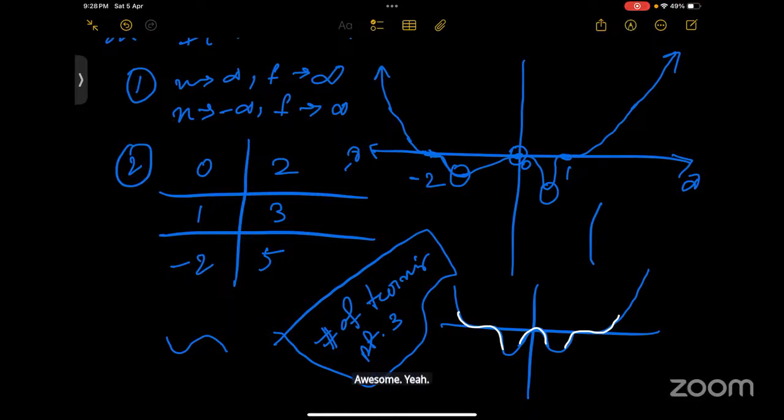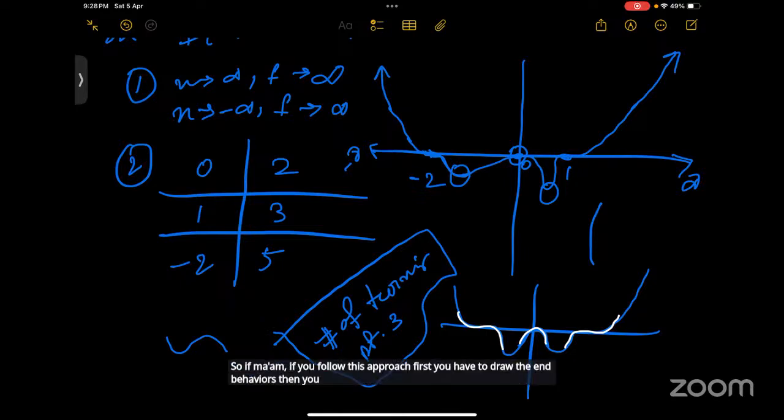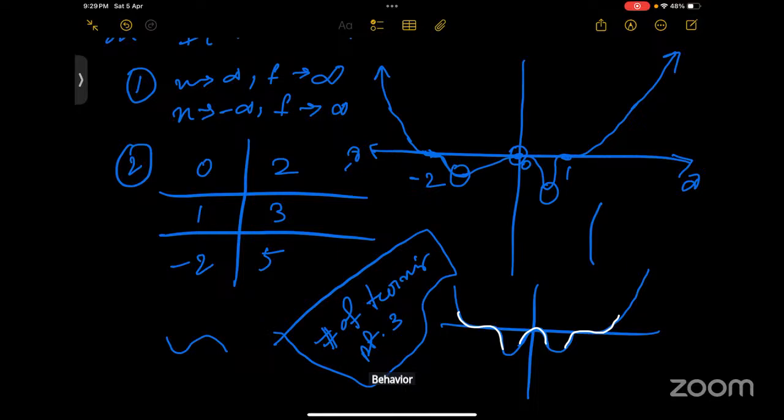So, ma'am, if you follow this approach, first you have to draw the end behaviors. Then you have to take each of these roots 0, 1, minus 2, which are the intercept points, and draw the even or odd behavior of the multiplicity. And then connect all the broken lines into a single graph.